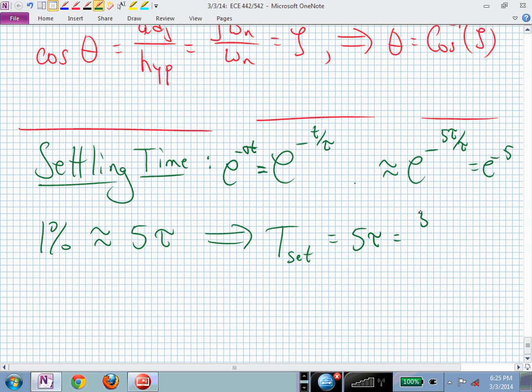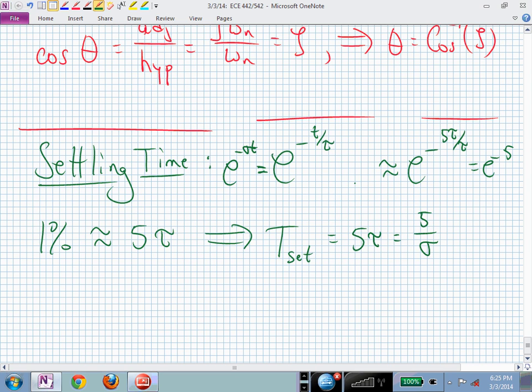This says that if we need a faster settling time, we need to increase sigma, and that does what? In our left half plane, that pushes our real part more and more into the left half plane. The further we push our poles into the left half plane, the quicker our system is going to settle.